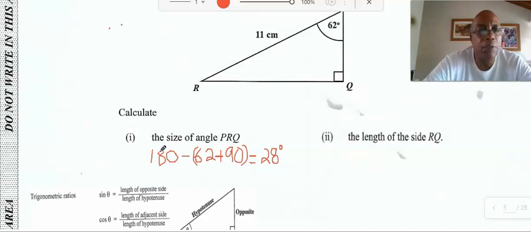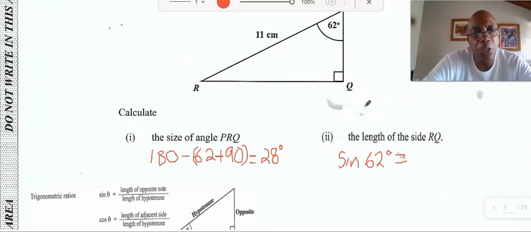So let's just substitute the values. Sine of the angle, which is 62 degrees, equals the opposite side.